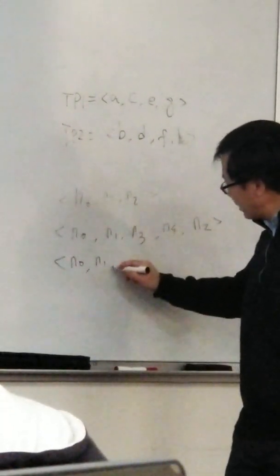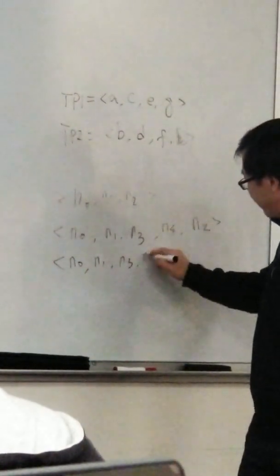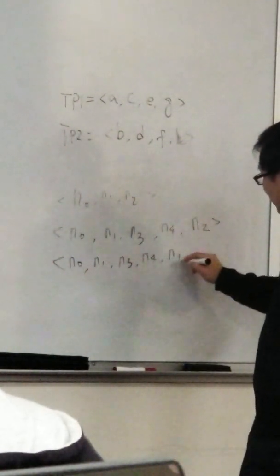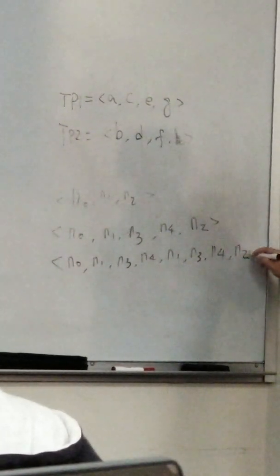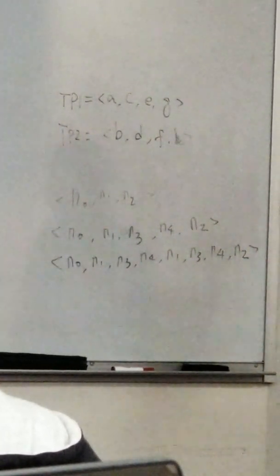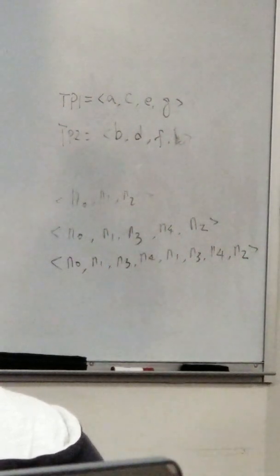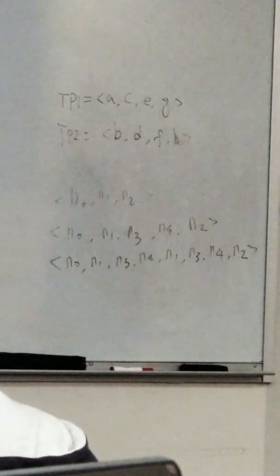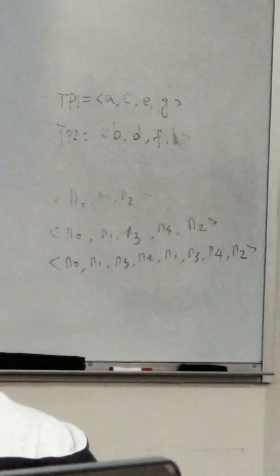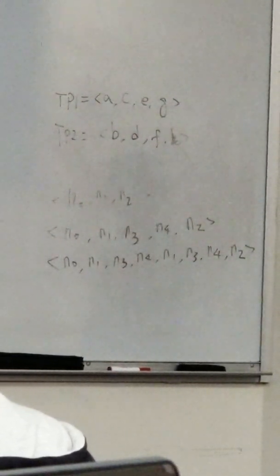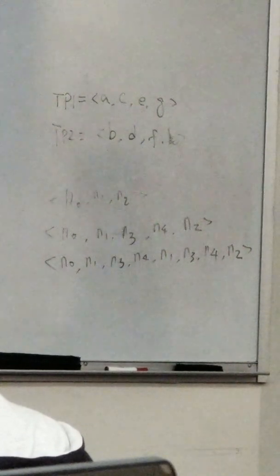Okay, let me ask you this. N0, N1, N3, N4, N1, N3, N4, N2, is this a path? Look at the definition of a path. If you have the slides, what is the definition of a path in a program, in a graph?